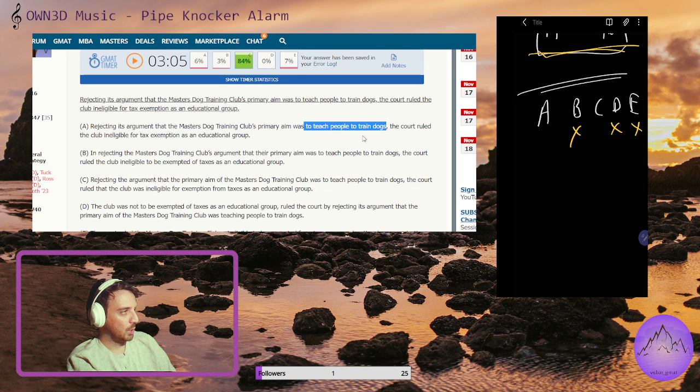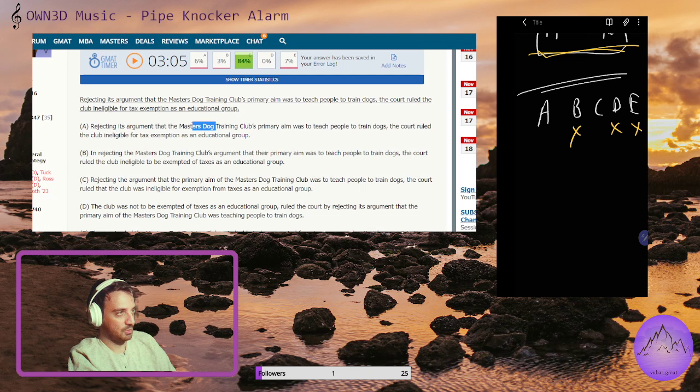That is an infinitive, but it's essentially a noun, which is essentially describing what the primary aim was. The primary aim was this, to teach people to train dogs. And the primary aim is describing the argument, because the argument is that this club's primary aim was to do this. So rejecting its argument, the court ruled the club ineligible.